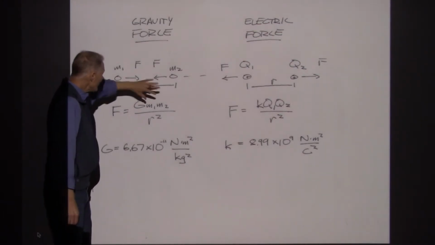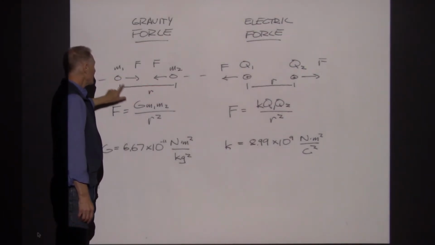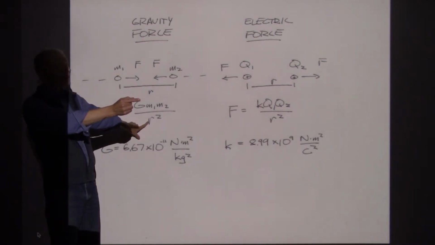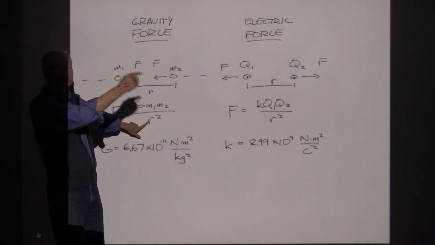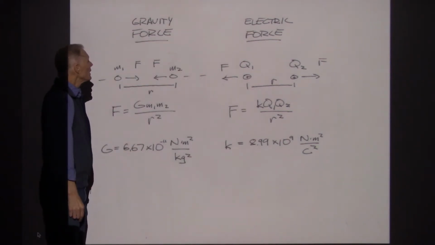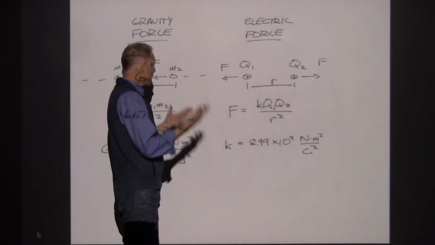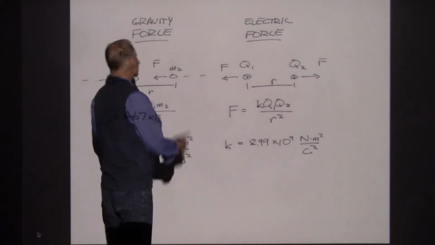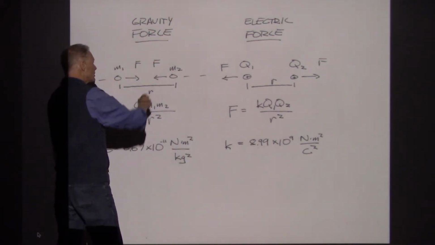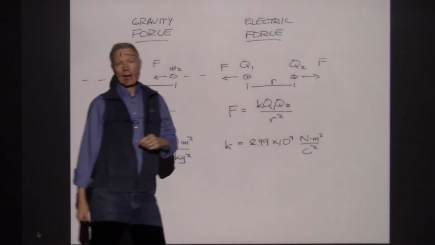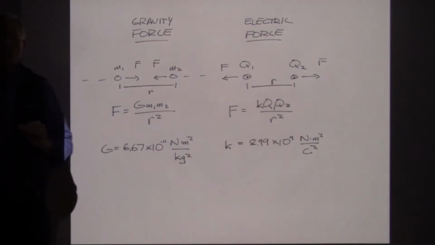Then we put in the masses of the two objects. We measured center to center distances, not surface to surface, center to center, and that was R. Now for the electric force, the principal property is not how much mass the objects have, it's how much electric charge they have. What's the electric charge of object 1?